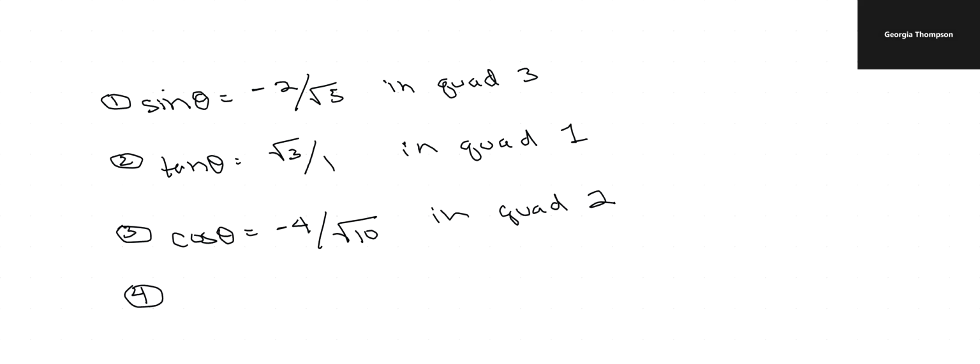And let's do cosecant is square root of 13 over 3 in quad 1. So try those out and see if you can get those.